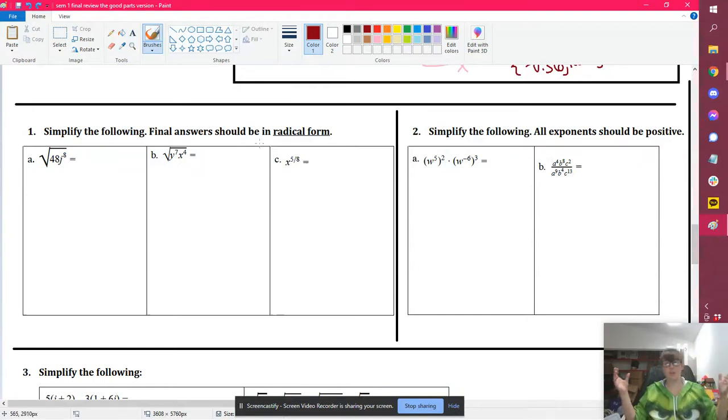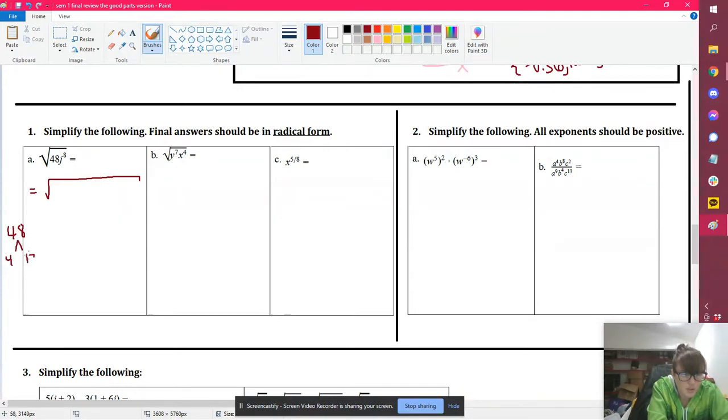Let's simplify the following radicals. We are doing this thing where we're rewriting the square root in its most basic form, most factorized form. So this is when we take the 48 and we say that it's 4 times 12. 4 is 2 times 2. 12 is 6 times 2. 6 is 3 times 2.